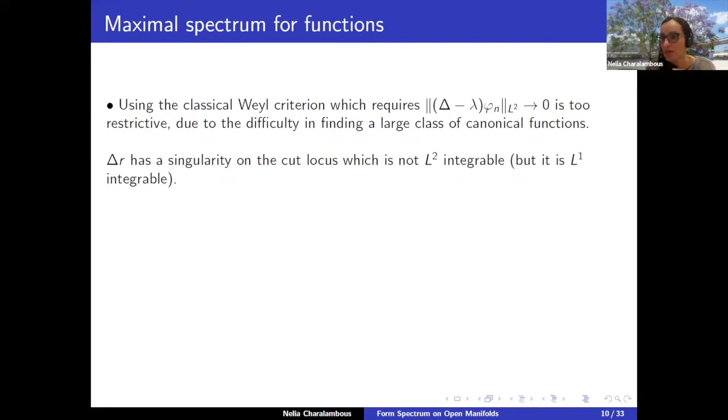The nicest ones are usually functions of r, the distance to a fixed point on a general manifold. And unfortunately, the Laplacian of r, as we all know, has a very bad singularity on the cut locus. This bad singularity is not L2 integrable, but it's L1 integrable.